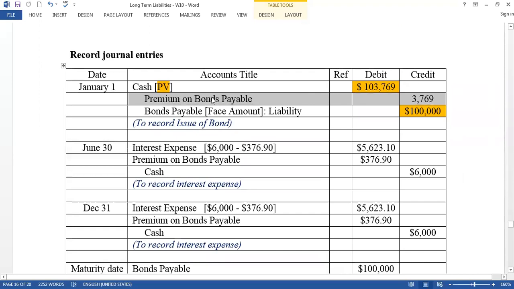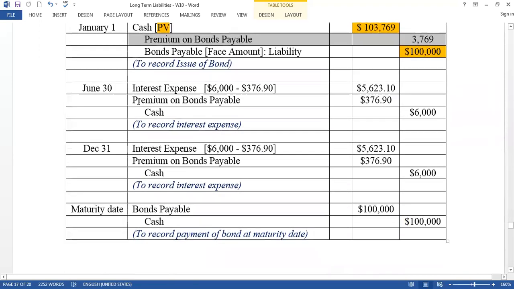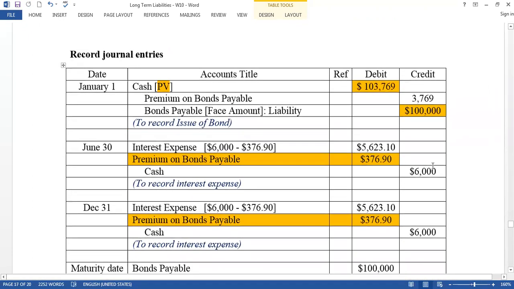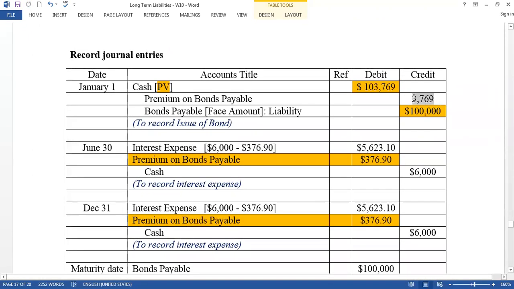So before we record, look at here, before we record premium credit, now we record premium debit. Because this account is going to be zero, right? Why? Because this is for 5 years. Now we have to record it for every year. So we should not have any premium account.